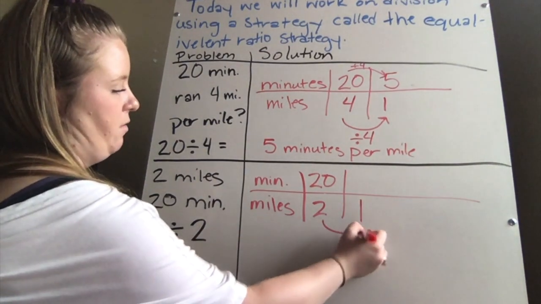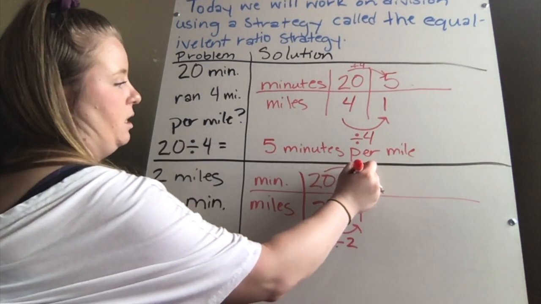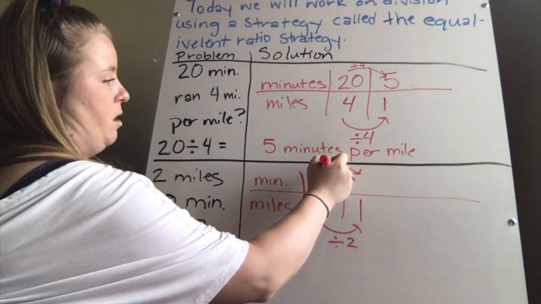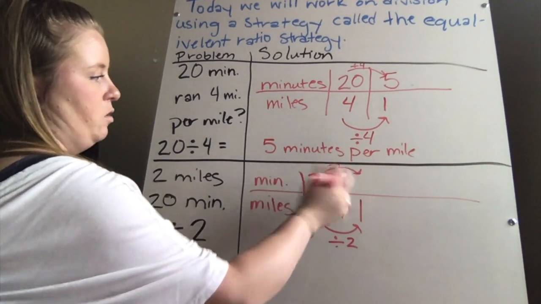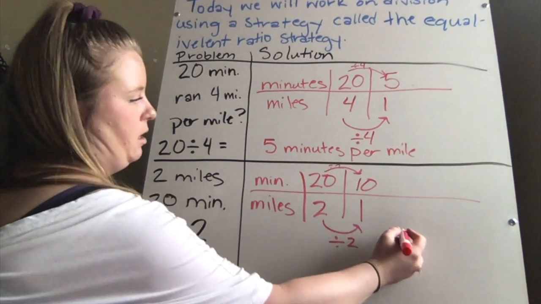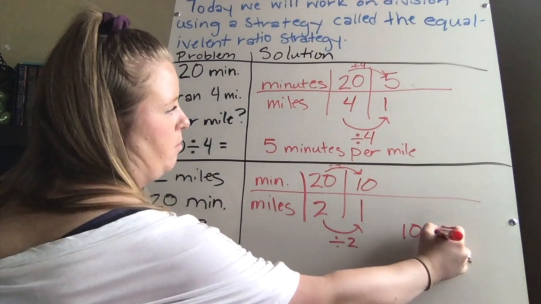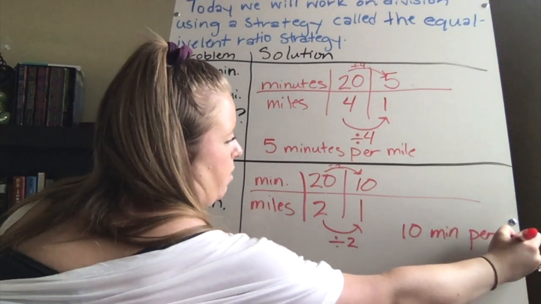I know I have to divide 2 by 2 to get to 1, so that means I need to divide 20 by 2, and 20 divided by 2 is 10. So they ran 10 minutes per mile.